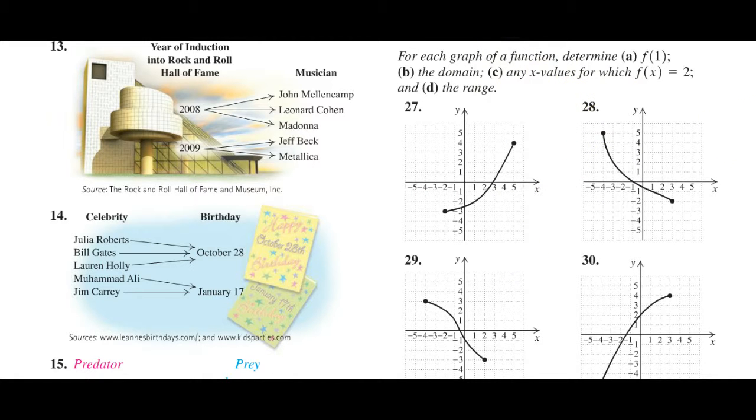Well, if we have an x value, this would be our x value of 1, what would our y value be on all of these? So we would go to our x value is 1. What is our y value? -2.